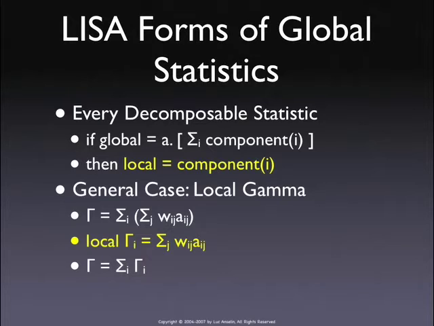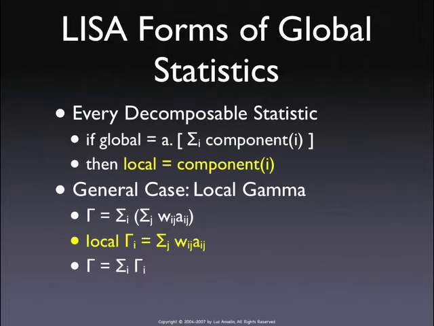Now, it's all fine to compute a number for each location. The question is, how can we assess whether or not this is significant? We'll get to that in a few minutes. This is purely, not even algebra really, just adding up. There's nothing magic to it.